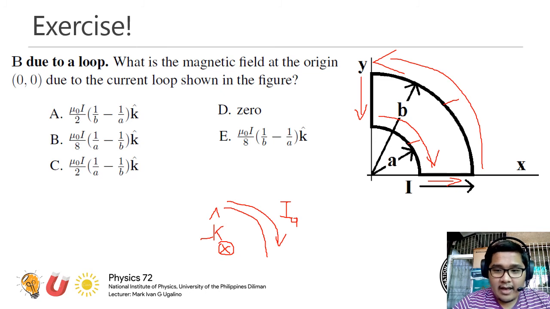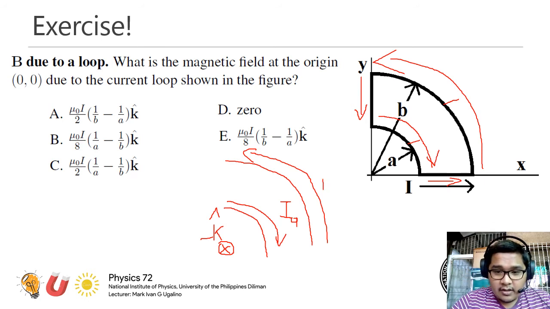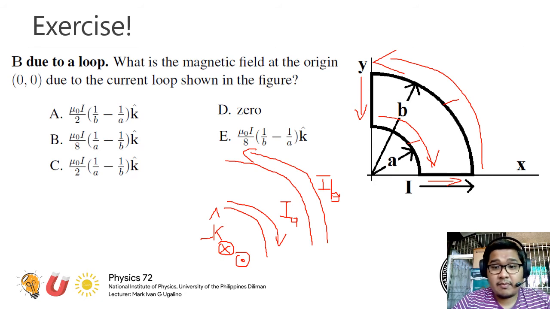While if we consider B, which is pointing in this direction, when you do the right hand rule and curl like this, this current will contribute a magnetic field that is pointing out of the page.